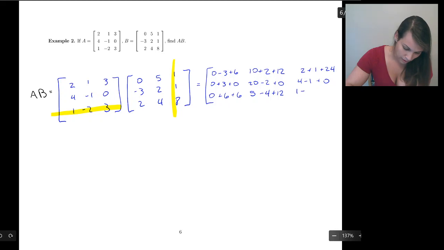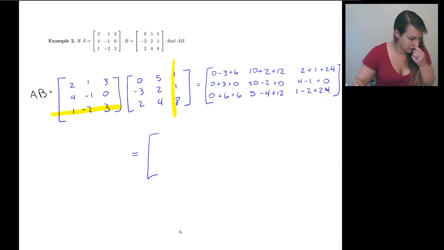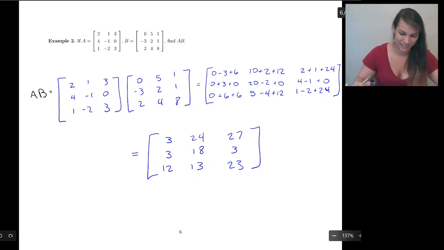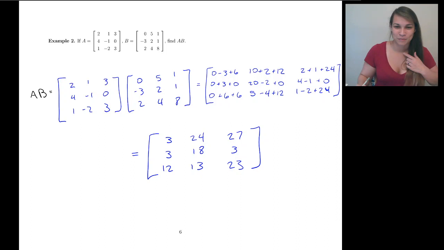How fitting. So 1 minus 2 plus 24. And then when we do all that arithmetic, you end up with 3, 3, 12, 24, 18, 13, 27, 3, 23. Assuming that I haven't messed up drastically. So challenge to you, did I mess up? Please tell me. Okay, so that's our example. Hopefully that's okay for you guys.